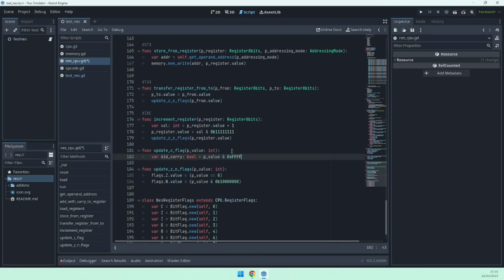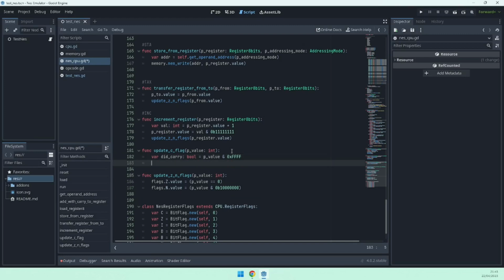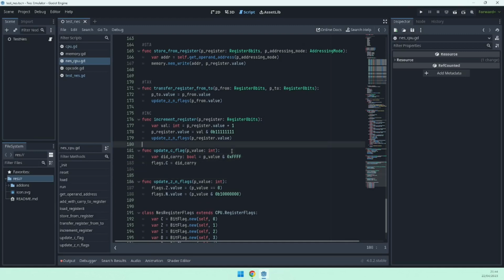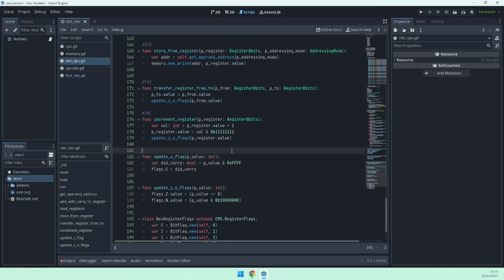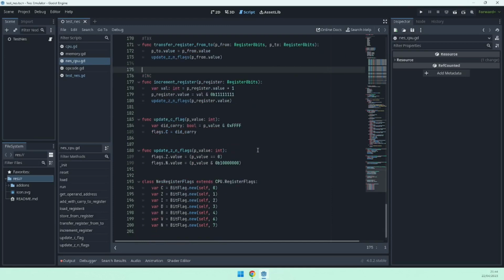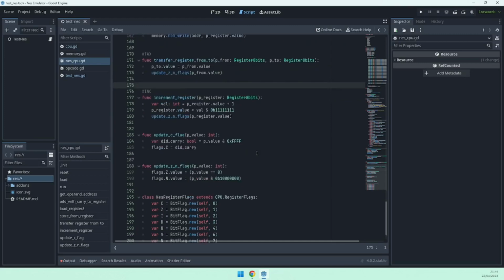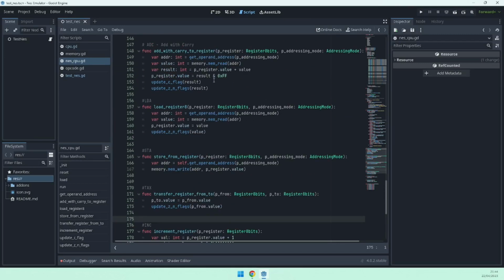Should I use all the 64 bits? Nah, there is no need. So I can just say flags.c equals did carry. So that should work. Okay, let's hope this works as expected.